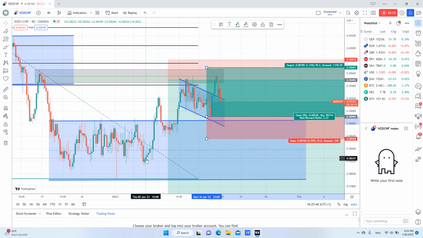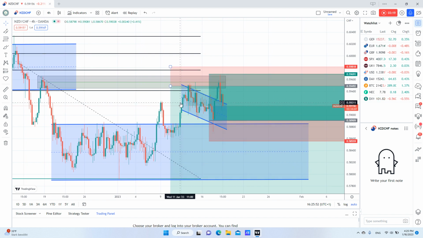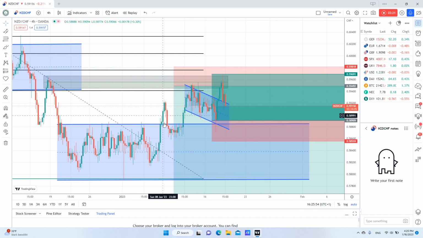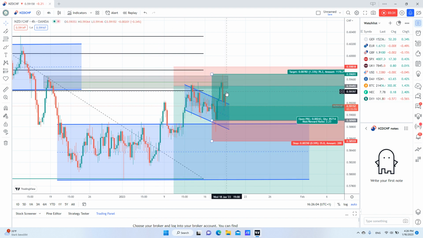But the fact that we have 1 2 3 4 5 also means that this bullish move has ended, and we will now start to see this bearish.